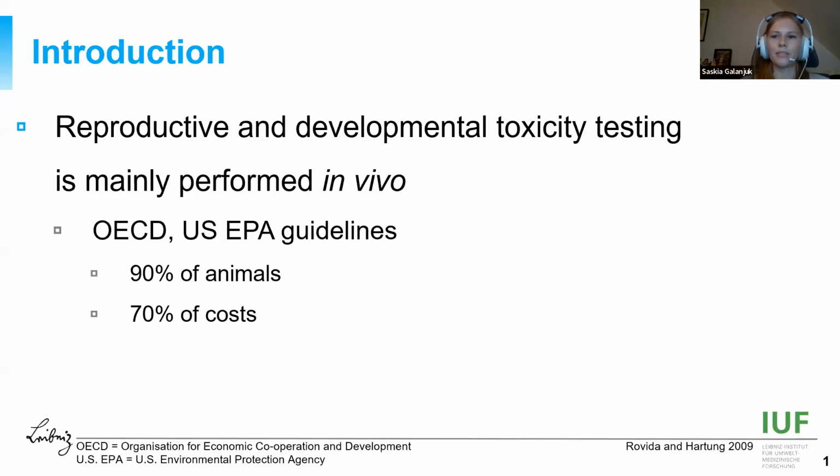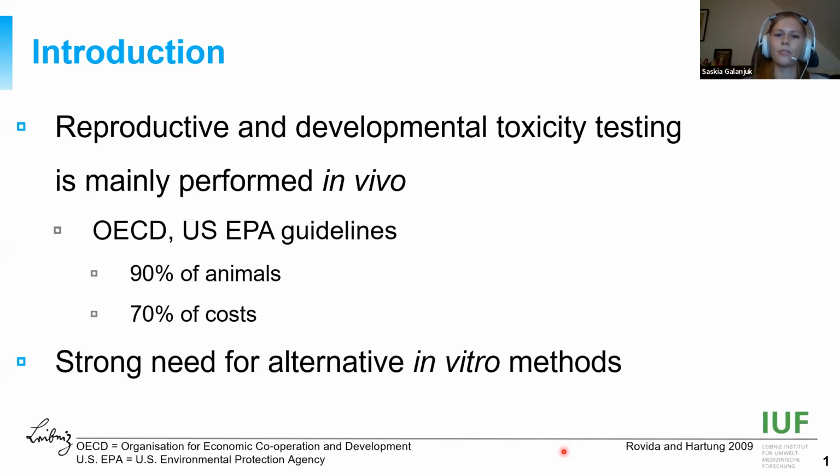So far, reproductive and developmental toxicity testing is mainly performed in vivo, according to OECD or US EPA guidelines. And these consume about 90% of all animals and 70% of costs used in regulatory toxicology. Due to these high animal numbers, accompanied by high cost and a low throughput, there's a strong need for alternative methods that allow for faster and more cost-effective assessment of toxicity.